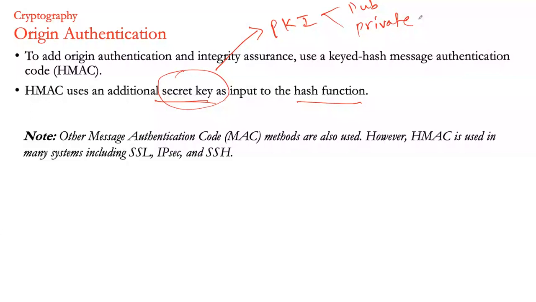These secret keys are used along with the original message, as we used in the hash function. The arbitrary length message plus the secret key is given as input to your hash function, which generates a hash value, the digest.